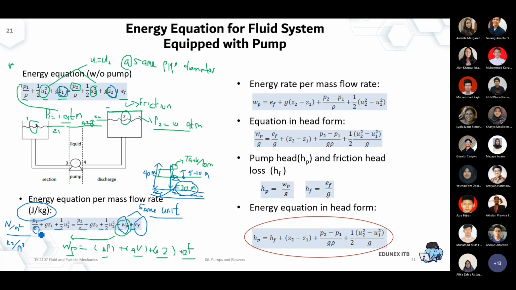So convert to SI, what would be the equivalent? By the looks of it, it's joule per kilogram. You have the per kilogram part over here, and you have Newton meter, which is the joule part. So that's joule per kilogram.